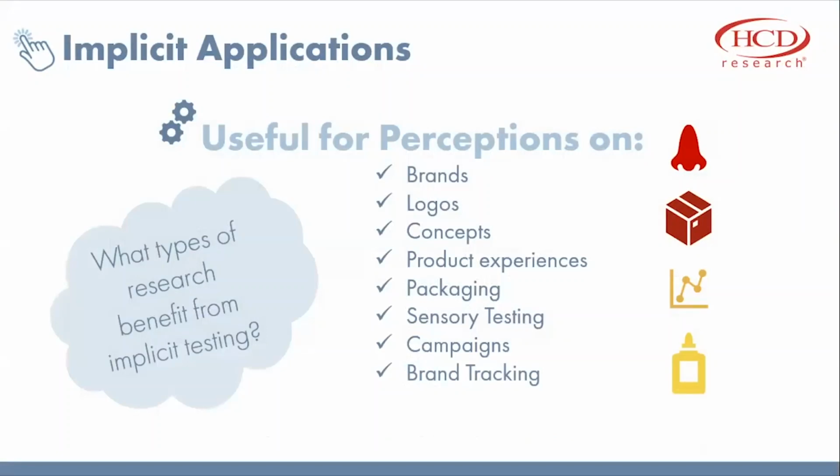If you were changing some aspects of a logo, maybe the color, the font, or some graphic design being added, that might change people's perception. There's the old adage that adding a leaf to your logo can make people think it's more healthy or more sustainable. But you can test that using implicit testing concepts.